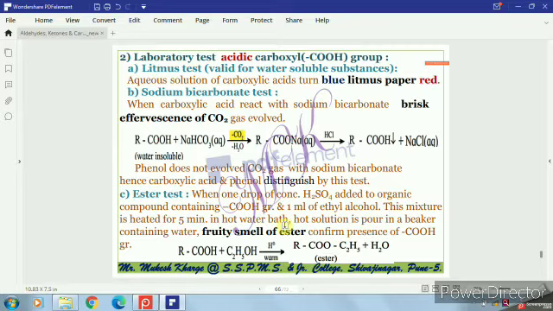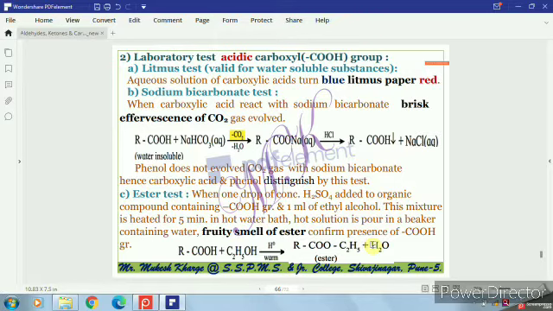If we observe a fruity smell, then that compound is an ester, and your original compound is acidic in nature, because when any carboxylic acid reacts with alcohol in the presence of concentrated sulfuric acid under warm conditions, there is formation of ester with water, and that reaction is esterification.